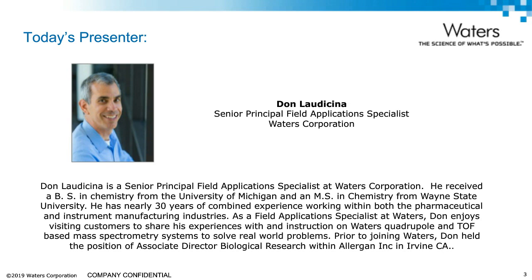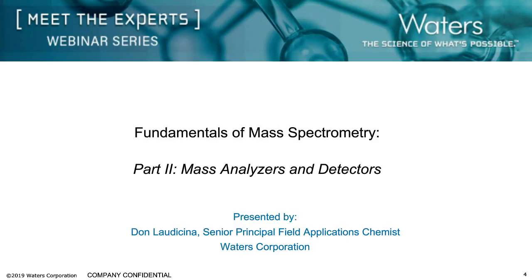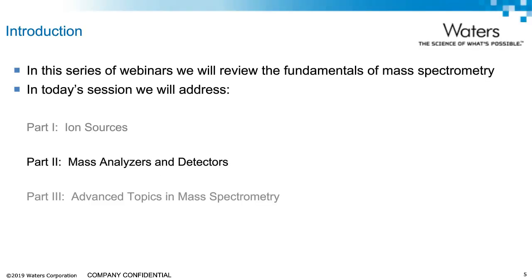Welcome, everyone, and thank you so much for joining us for the second of 3 educational installments on the fundamentals of mass spectrometry. I'm Don Laudicina, your instructor for today. In today's session, we'll be examining and focusing on mass analyzers and detectors.